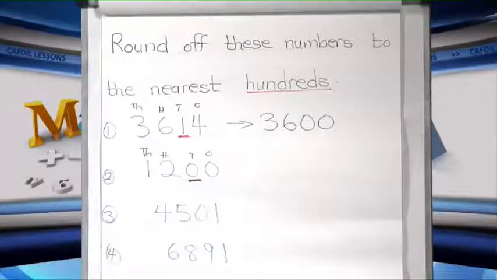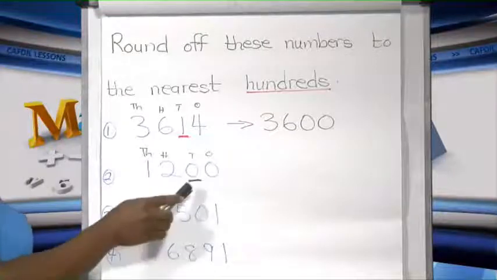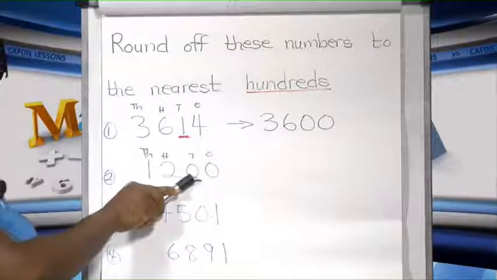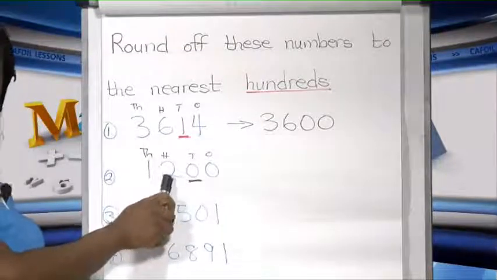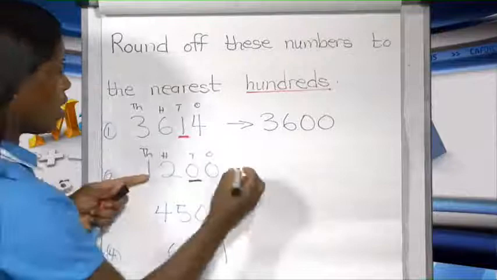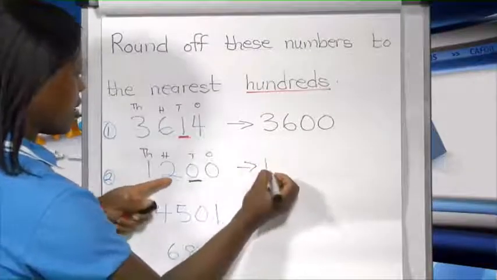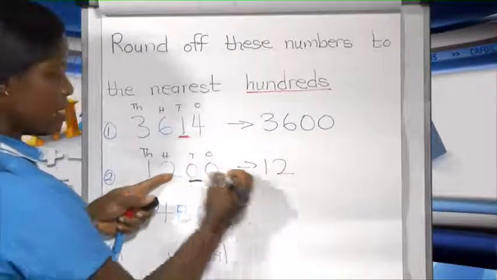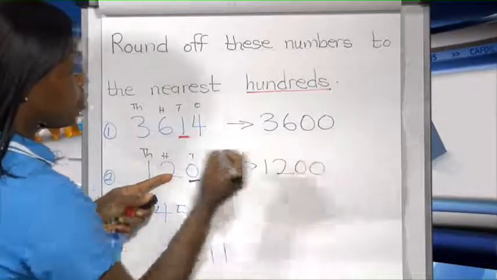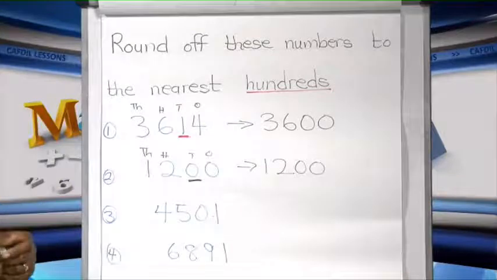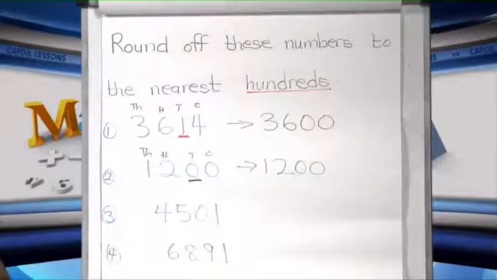Look at the digits over there. What is it? It is 0. 0 is less than 5. So we will maintain the 2 like that. So you bring 1, 2, and then make the rest as 0. They are zeros already. So it will be 1,200.